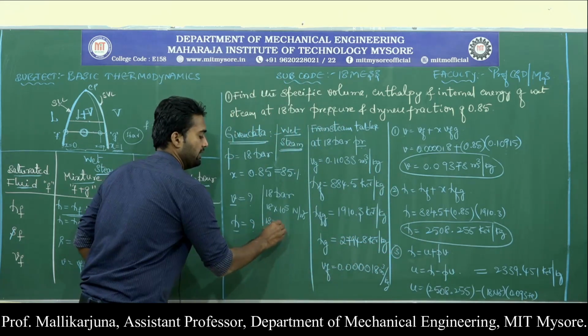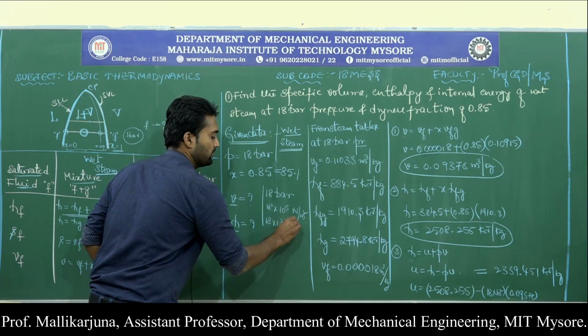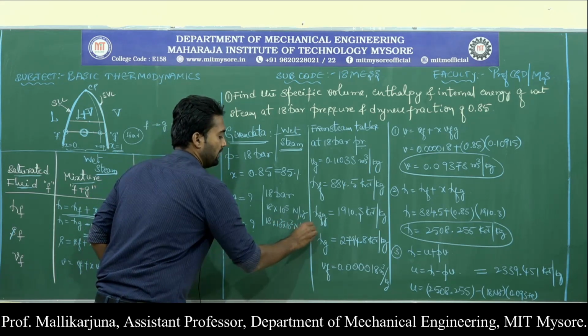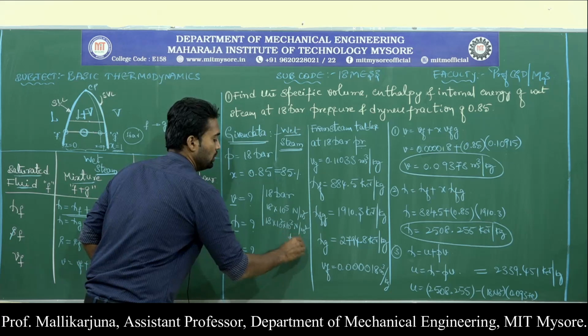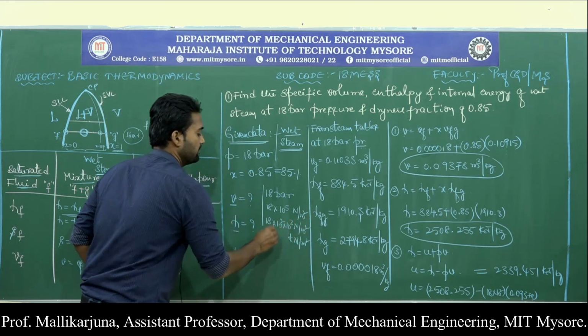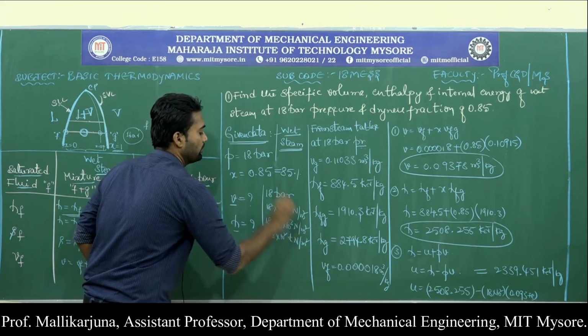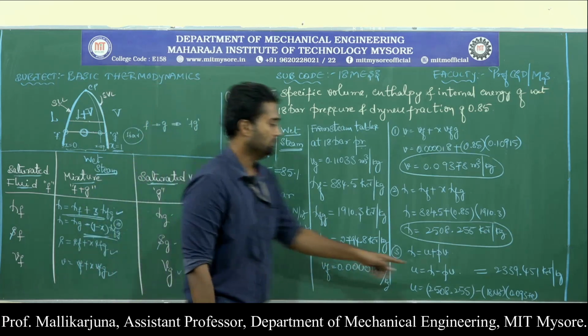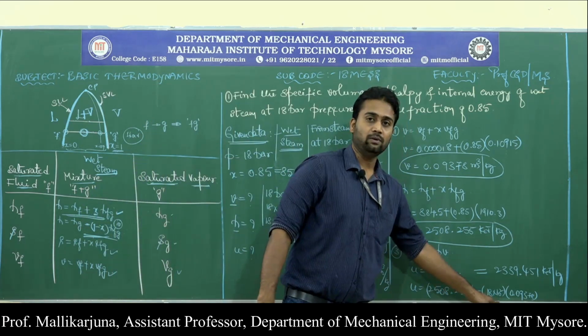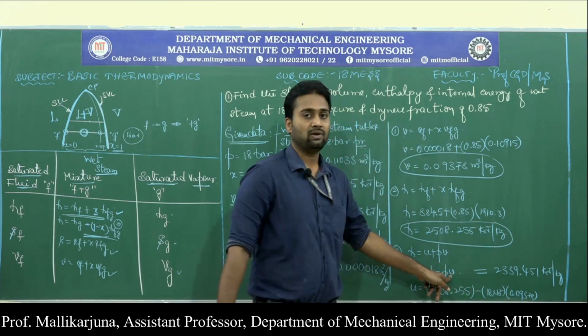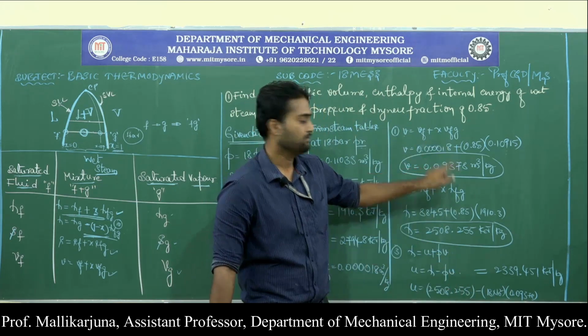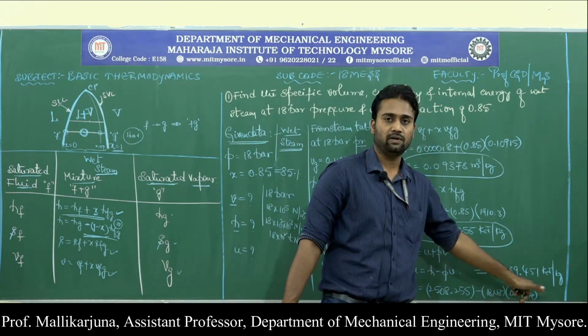So 18 into 10 to the power of 2 into 10 to the power of 3 Newton per meter square. I can write this 10 to the power of 3 as kilo Newton per meter square, so that this becomes 18 into 10 to the power of 2 kilo Newton per meter square. So I have written the P value as 18 into 10 to the power of 2, into the specific volume for the particular state, which has already been found. This is the specific volume.